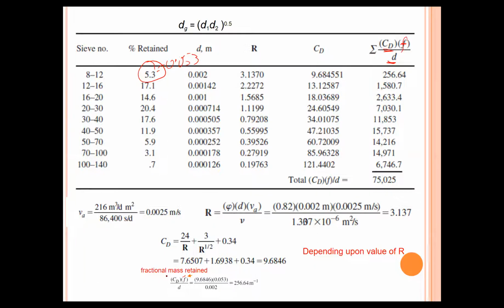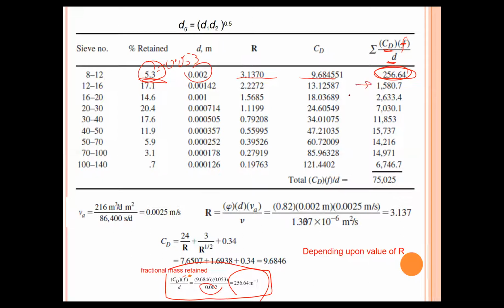So see here, for the first term, the drag coefficient is 9.689, the fractional mass retained f is 0.053, and the diameter is 0.02, and we can have this term here as 256.64 per centimeter.